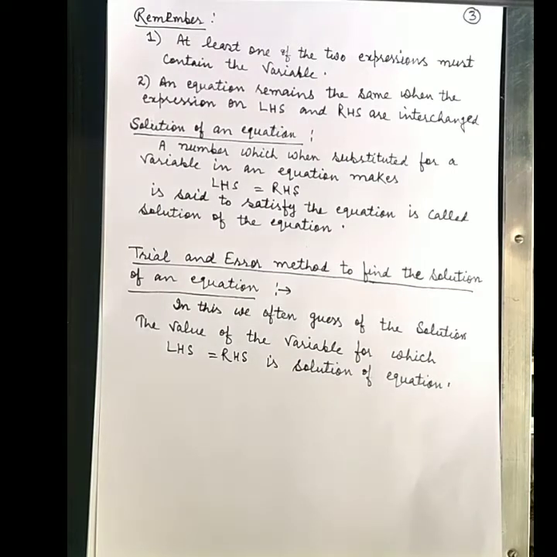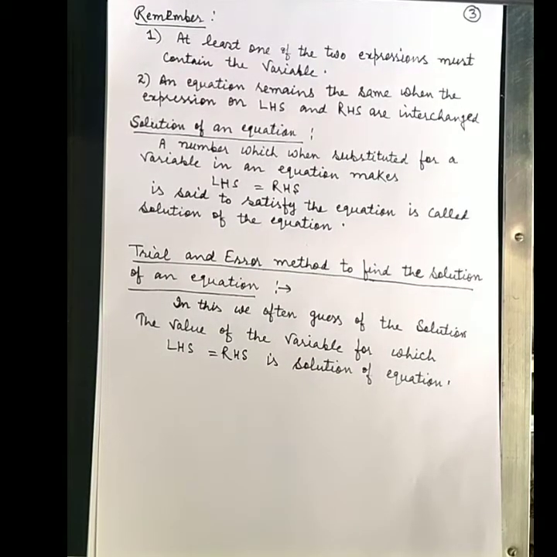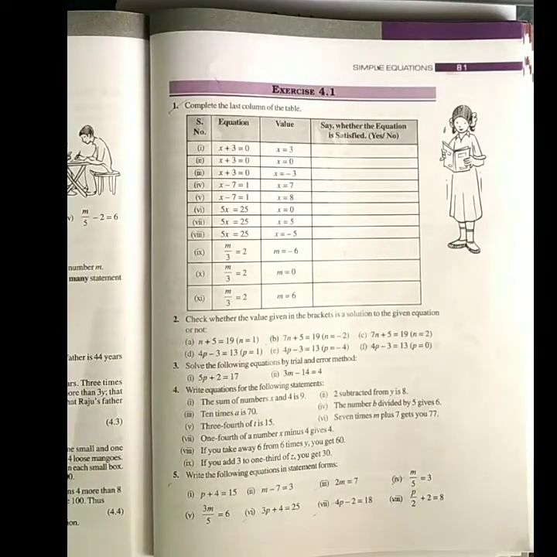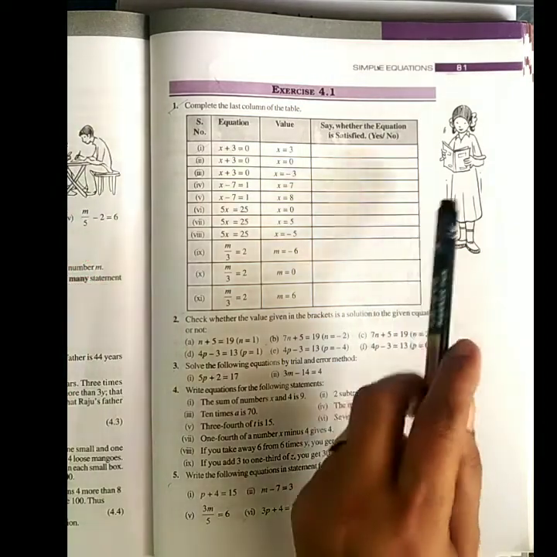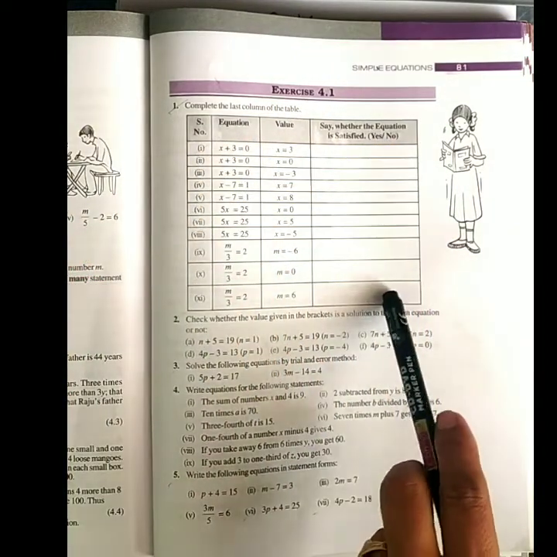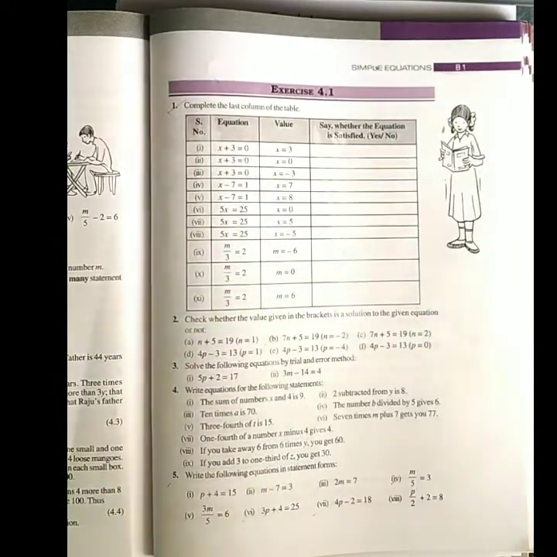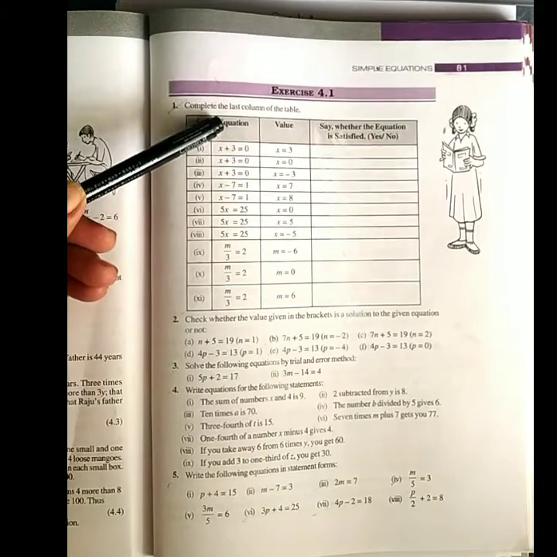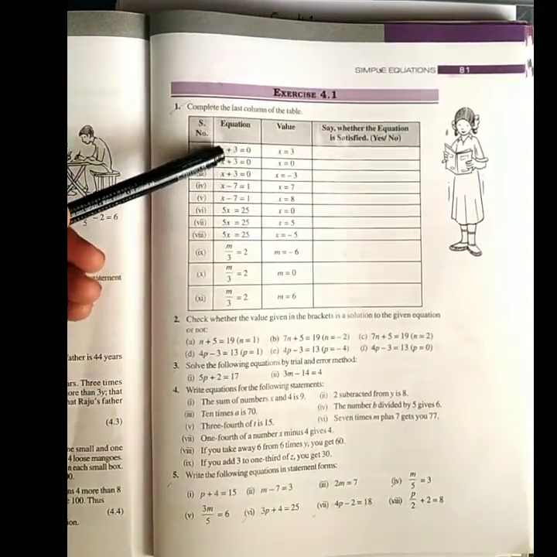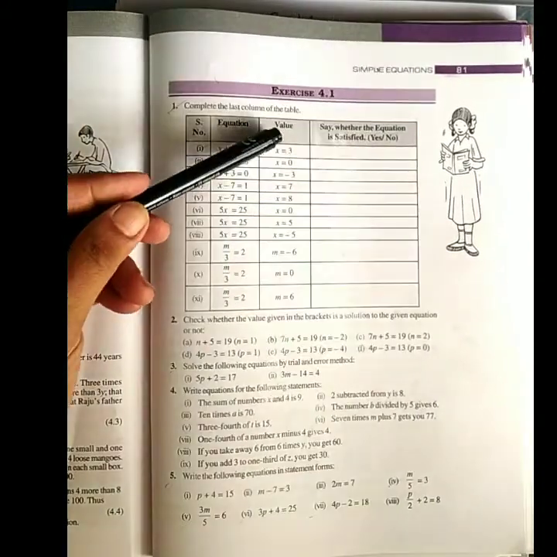Is it clear, students? Now come to exercise 4.1. Now see this exercise 4.1. Question first. In this box, complete the last column of this table. Now what is given? The equation is given in this column, and the value of the variable is given in this column.